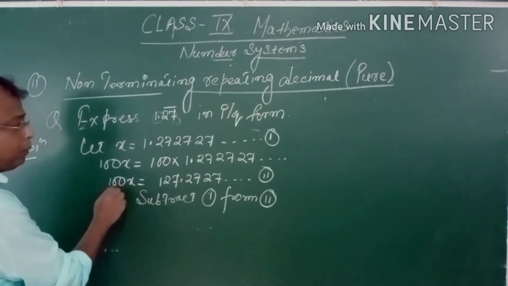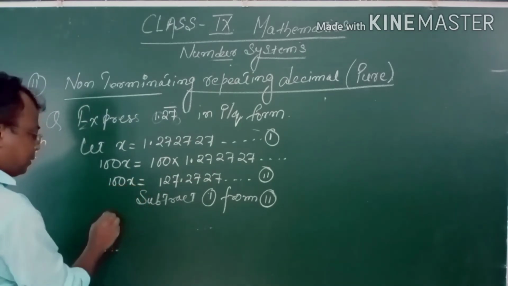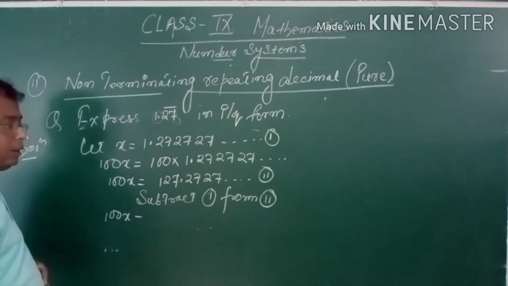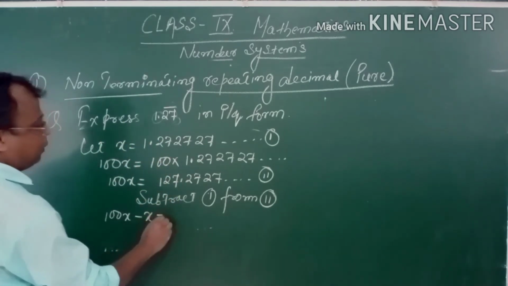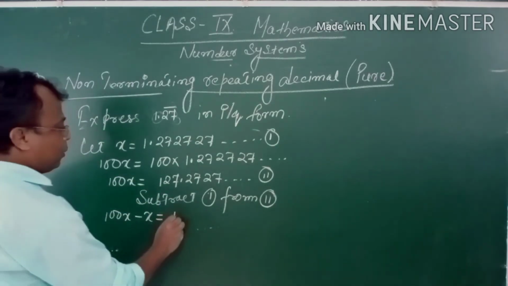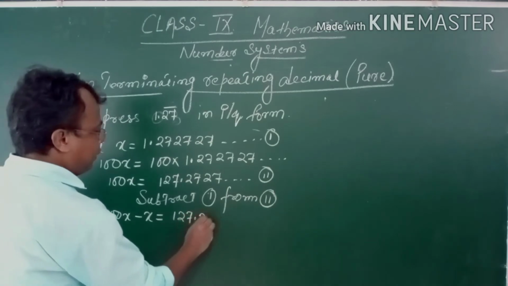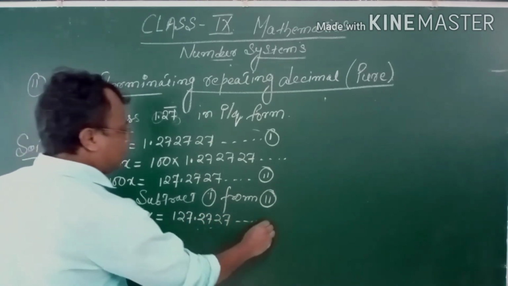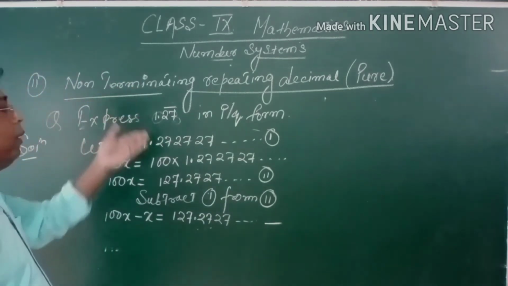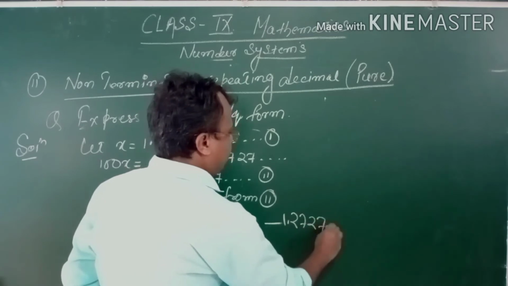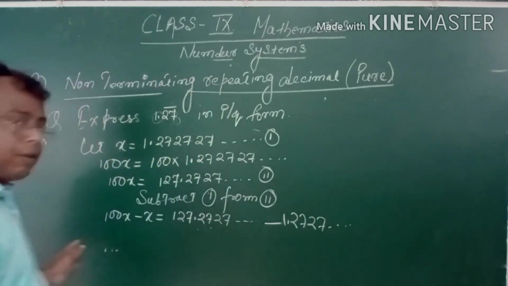The left side of equation number 2 is 100x. So you write 100x minus the left side of equation number 1, this is x. What is the right side of equation number 2? This is 127.2727 dot minus what is the right side of equation number 1? 1.2727 dot.